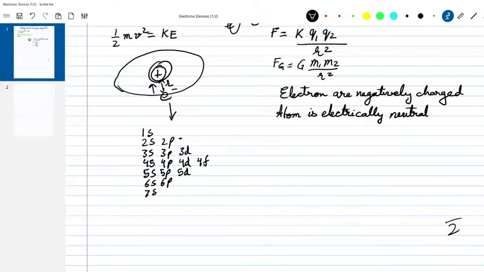So these orbitals are not just circular in shape. Maybe the innermost, which is the 1s, is going to be more like an elliptic shape. But then p orbital, d orbital, and f orbital are going to be different shapes. Now s orbital allows you to put in 2 electrons, and p orbital allows you to put in 6 electrons.